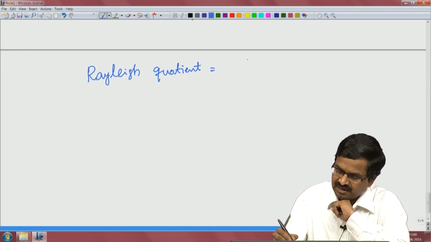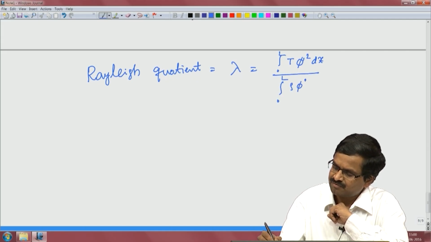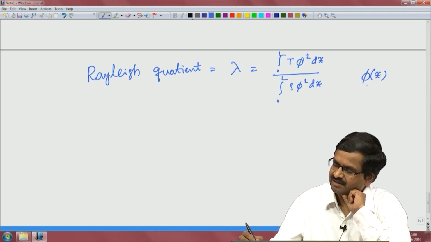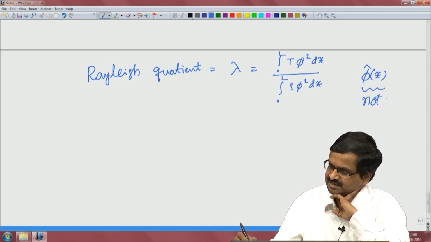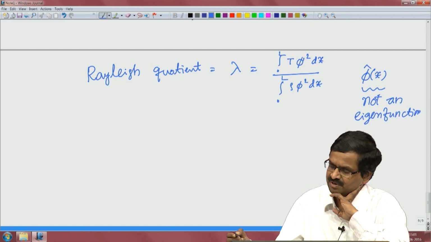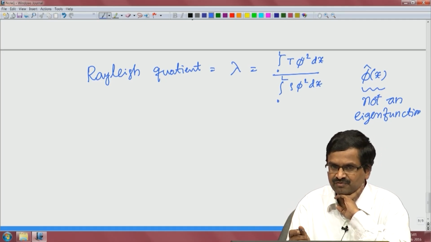Okay. So, in this case this lambda is the integral 0 to L of T phi prime squared dx divided by the integral 0 to L of rho phi squared dx. Whatever phi function you take, even let us say phi hat, which is not an eigenfunction, that is, it is not the solution of our eigenvalue problem, T phi double prime plus lambda rho phi equal to 0.